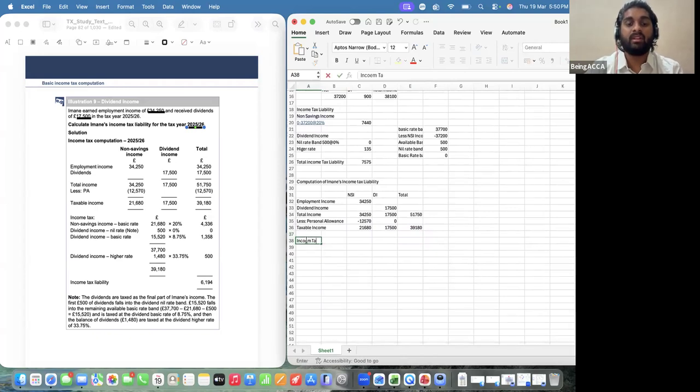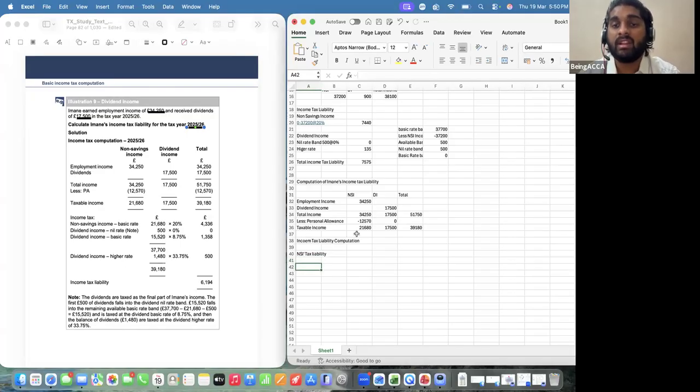Income tax liability computation would be as follows. First, we'll calculate NSI's tax liability. How do we calculate it? First, we have 21,680. So 0 to 21,680 would be at 20% because it is under the threshold of 37,700.